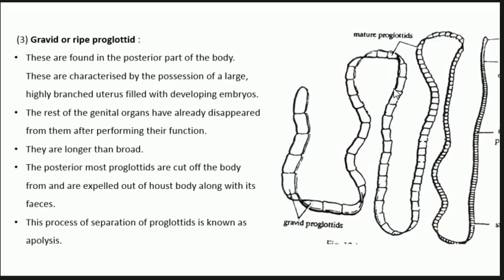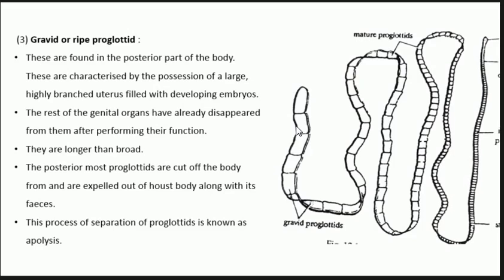Here fertilization may take place, cross fertilization may take place, and after fertilization, whatever area is there, we call it a ripe or gravid proglottid. It means here is the area where you have the developing embryos.